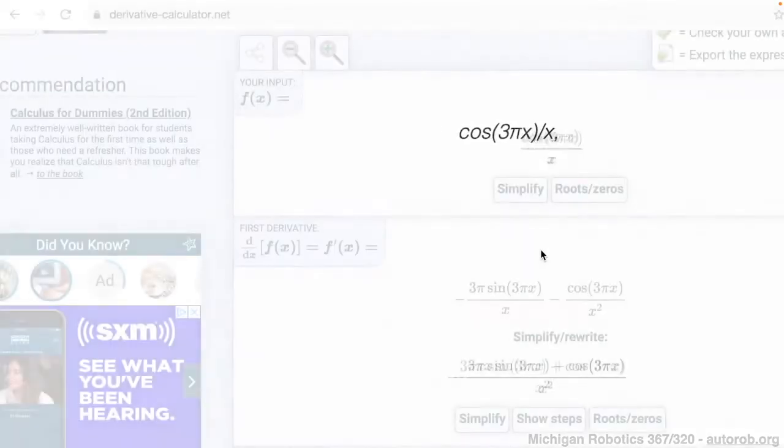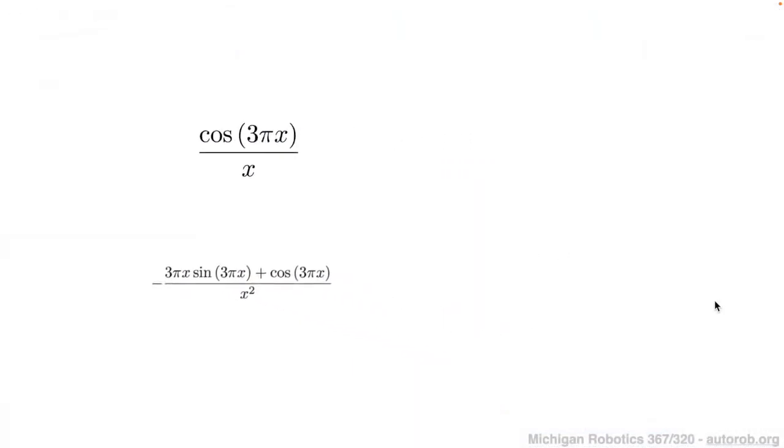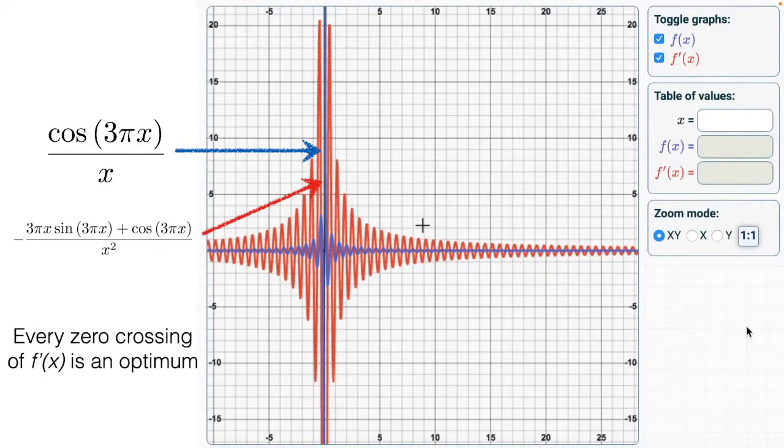We could also check this. For example, we could calculate the derivative of this function with respect to the variable x, and then plot the resulting derivative function along with the original function. The derivative in this case, once again, is plotted with the red line, and the original function is plotted with the blue line. What we can note is that every single point at which the derivative of this function crosses over the x-axis at the 0 point will correspond to a local extrema of the function.